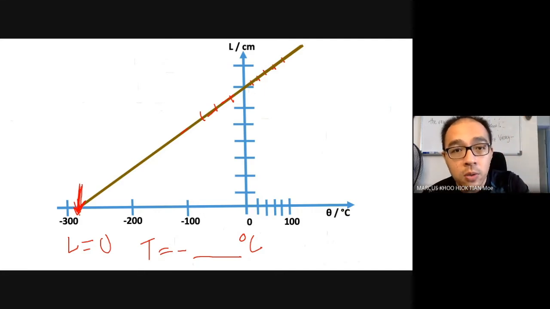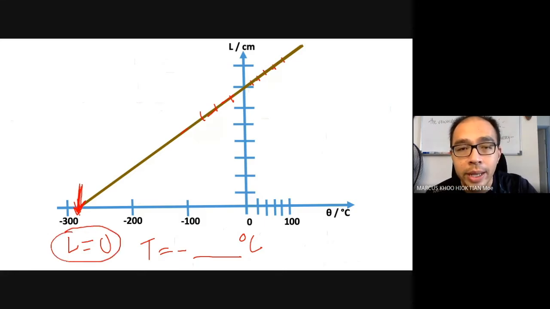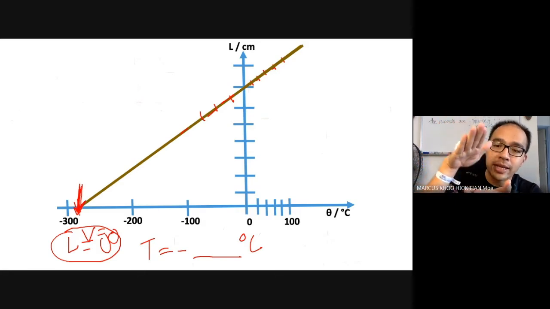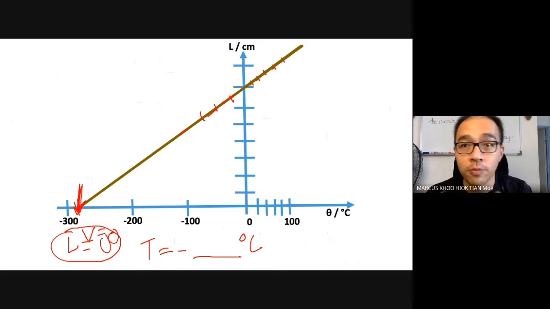So why is this very interesting for us? What does it mean when L equals 0? When L equals 0, it means there is no volume. Essentially, you have compressed the gas until it's volumeless.